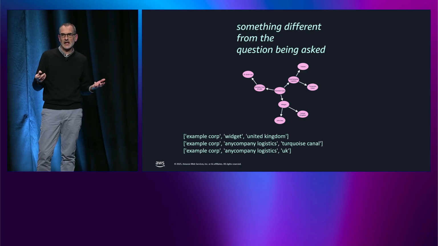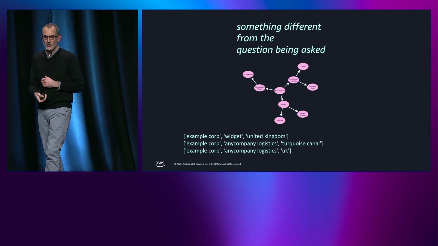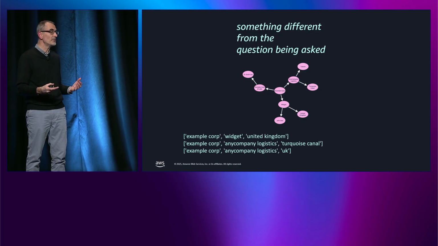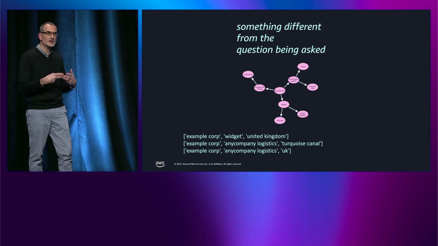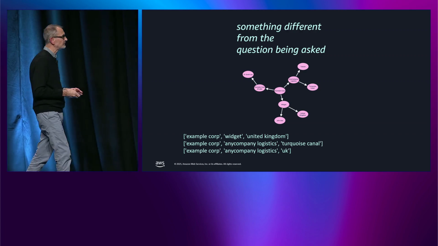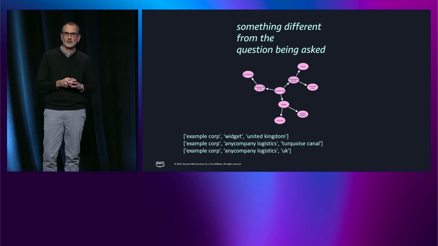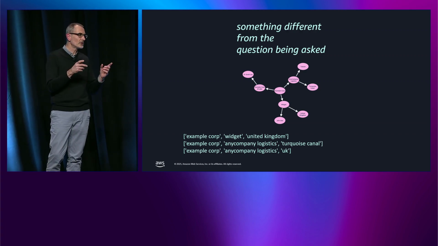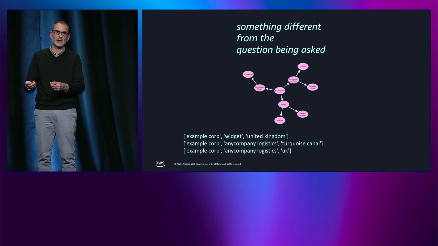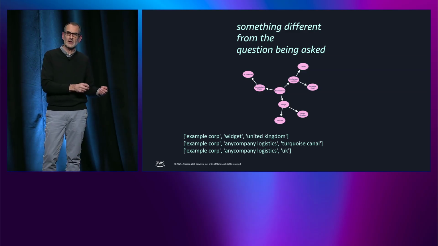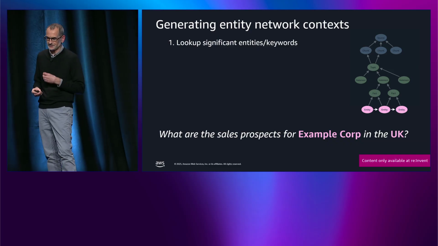We then take these entity network contexts, we create textual transcriptions of them, and we use them throughout the rest of the querying process in order to find those relevant statements. So that's a high-level approach. I'm now going to tell you exactly how we go about generating those entity network contexts, and then how we use them throughout the rest of the querying process.